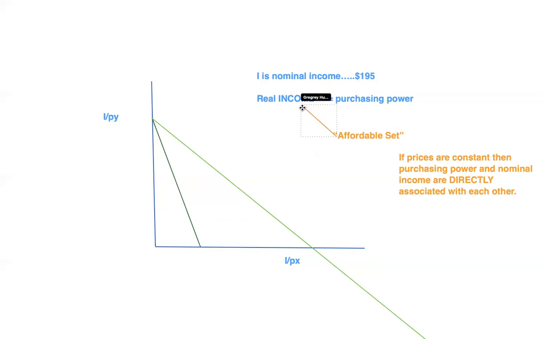We're doing kind of like what you said, increasing the purchasing power by changing the price of one of the goods. So we are changing the consumer's real income. In fact, since we have an expansion of the affordable set, we're increasing the consumer's real income.